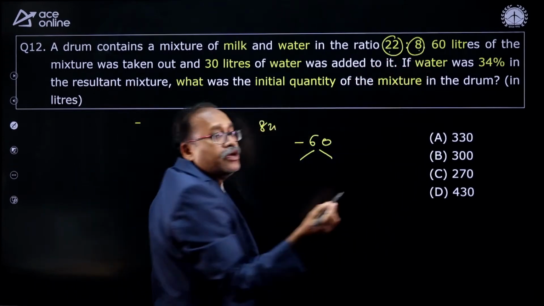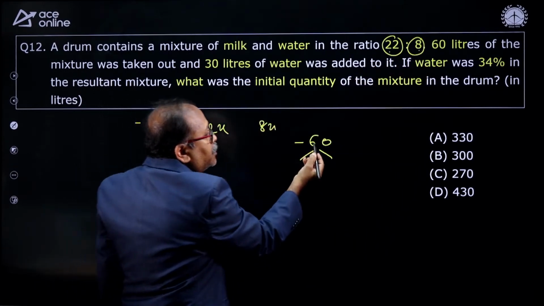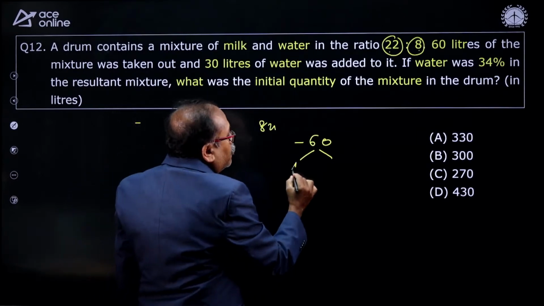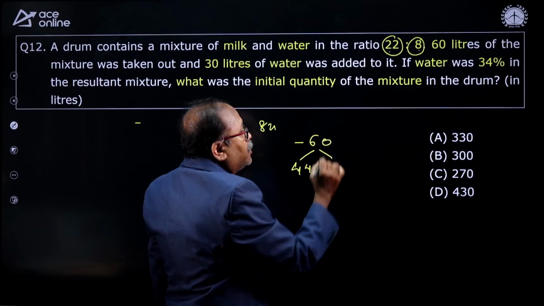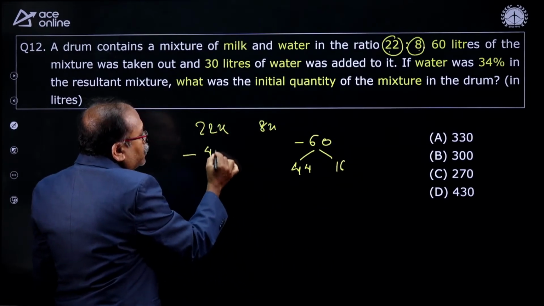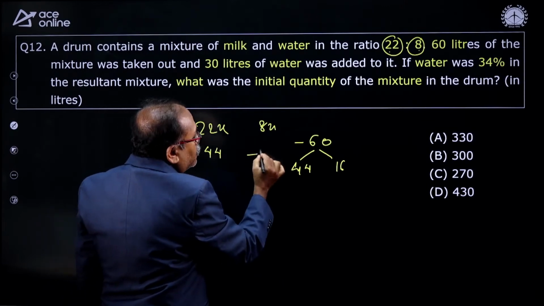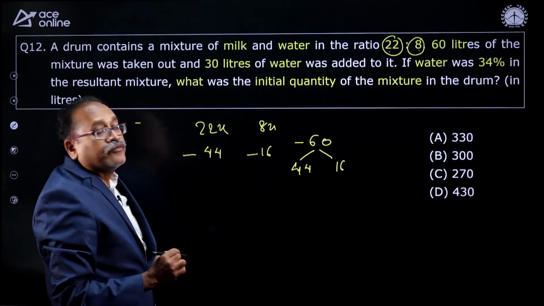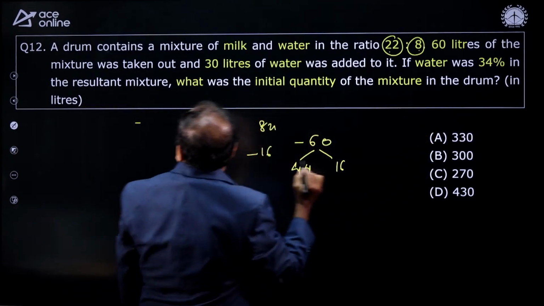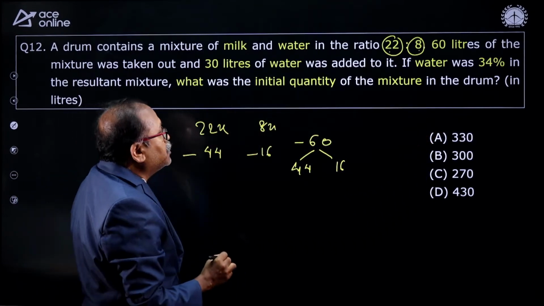22 plus 8, 30. 60 divided by 30, 1 part is 2. Then 22 parts will be 44 here, and 8 parts will be 16 here. That means you are taking out 44 liters of milk and 16 liters of water. Now it says that after that, the water was 34% of the resultant mixture.